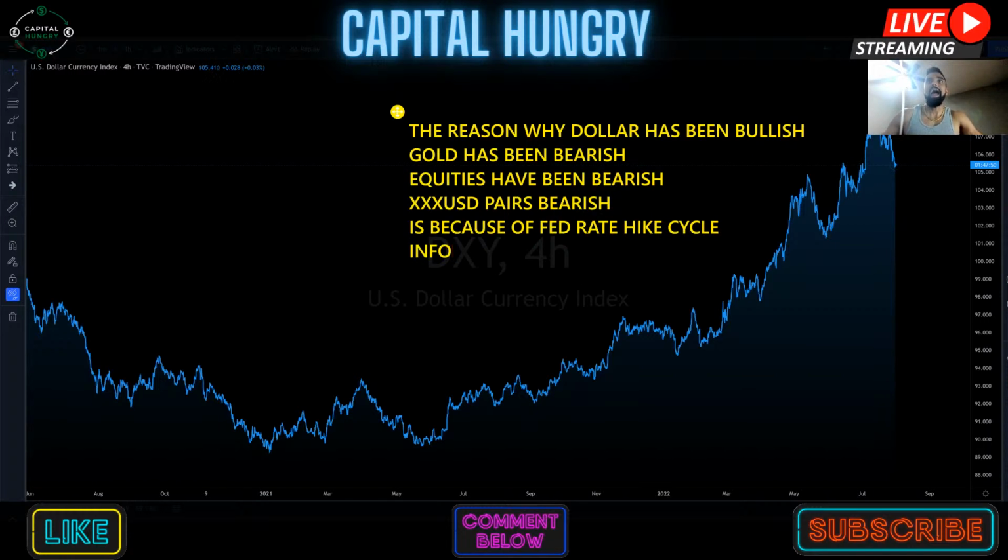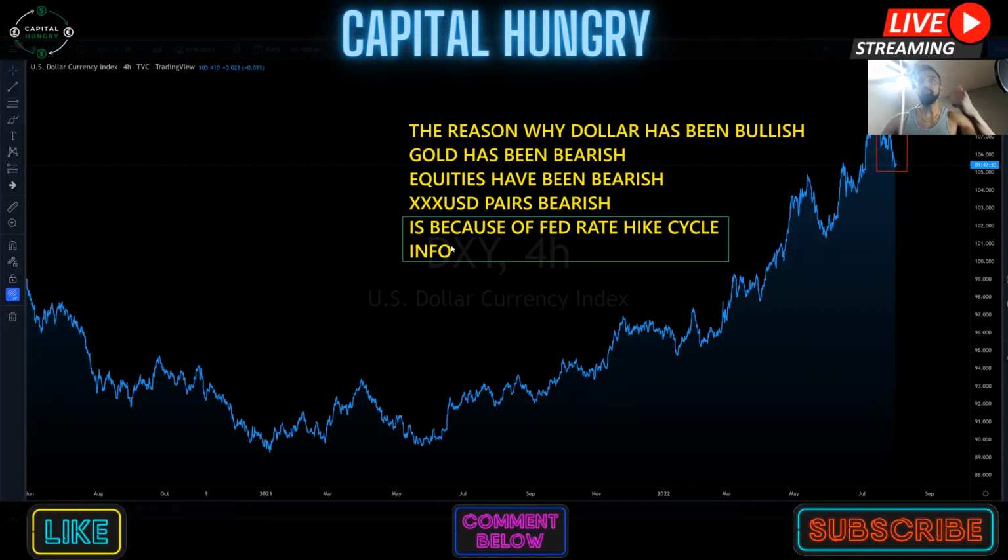Now, as this information has gotten priced in, you're going to see a similar correlated impact. As this information so far from the short-term perspective has been priced in, now instead of seeing dollar bullish, you're seeing dollar short-term bearish.